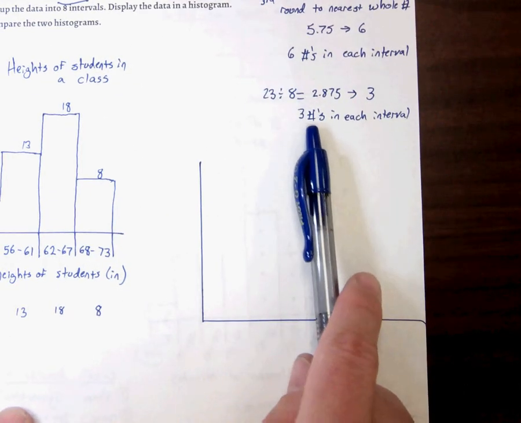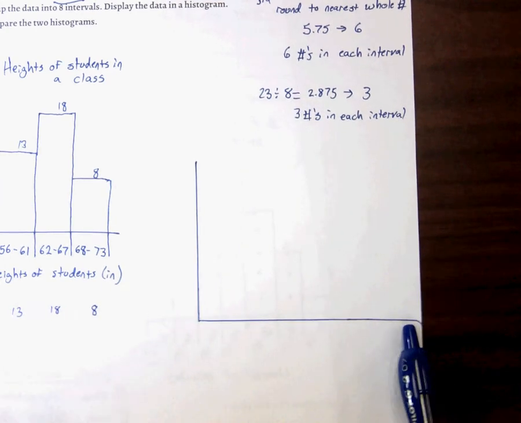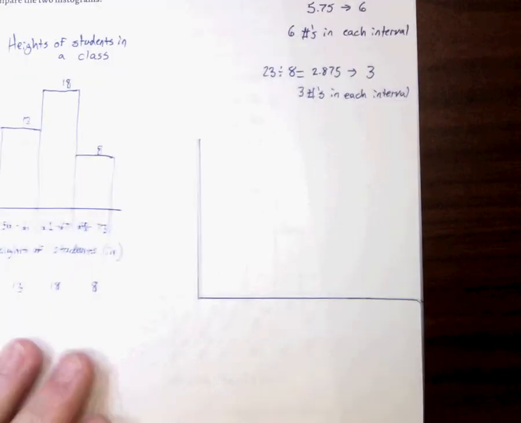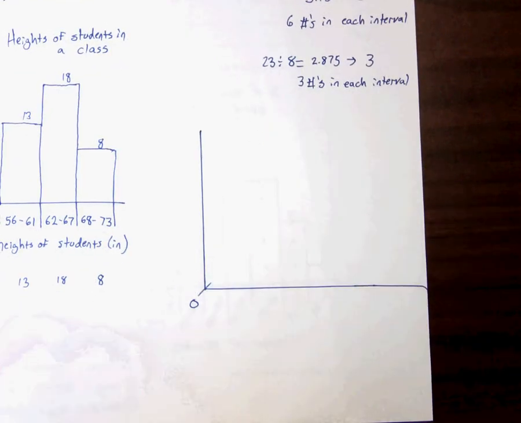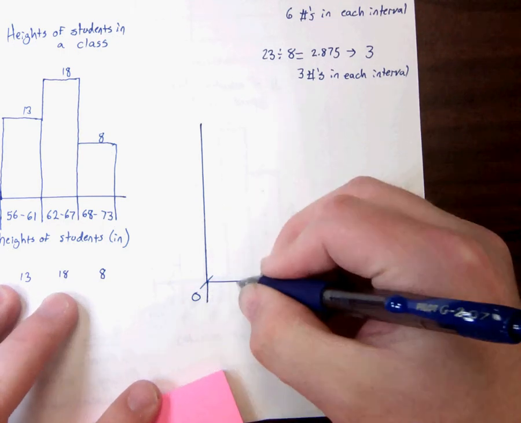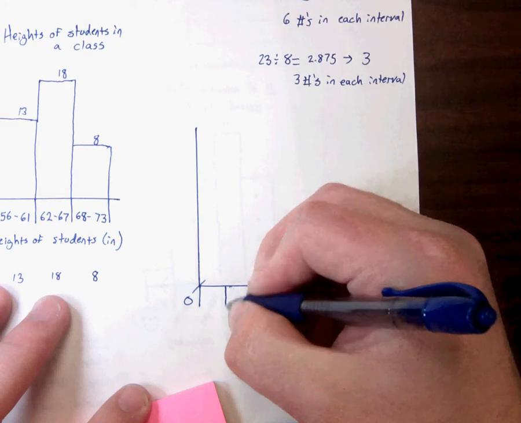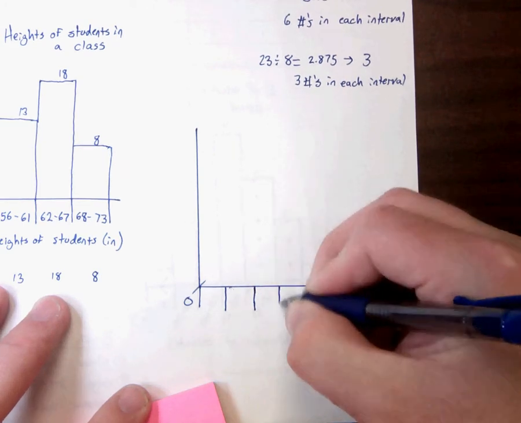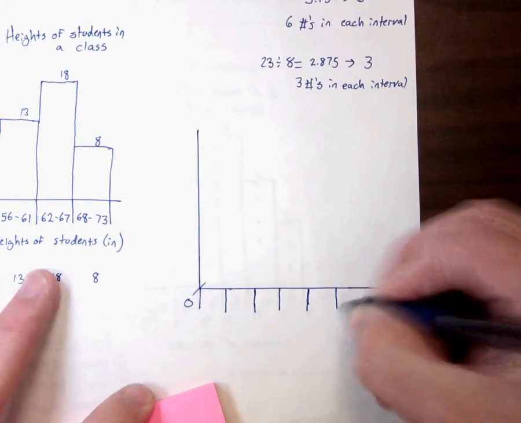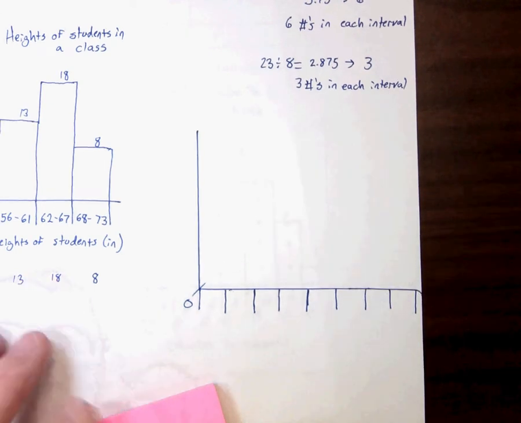So, keep in mind, 0 is in the corner, always and forever. Split it into 8 groups. So this is about halfway. All right, right here. So 1, 2, 3, 4, 5, 6, 7, 8, right at the edge of the paper. Now, I need 3 numbers in each group. So again, we start with 50, which was our smallest number.